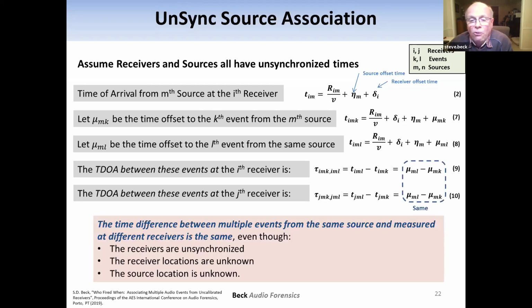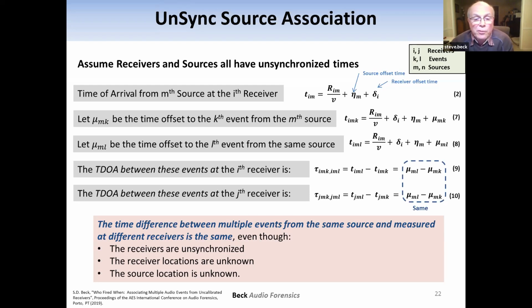And lo and behold, if I subtract those off, they wind up being exactly the same from two different receivers, even though they are not synchronized. So what that means is that these time differences, and you can measure them from your data between multiple events from a single source, as measured at different receivers, are always the same.